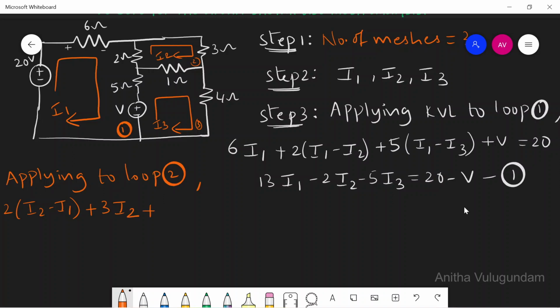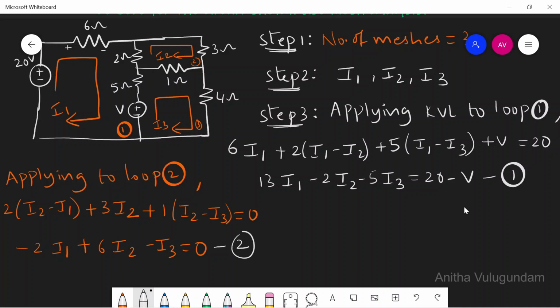Voltage drop across the 1 ohm resistor is 1 into (I2 minus I3) equal to 0. I can rewrite the above equation as minus 2I1 plus 2I2 plus 3I2 plus 1I2, that is minus 2I1 plus 6I2 minus I3 equal to 0. Let this be equation number 2.